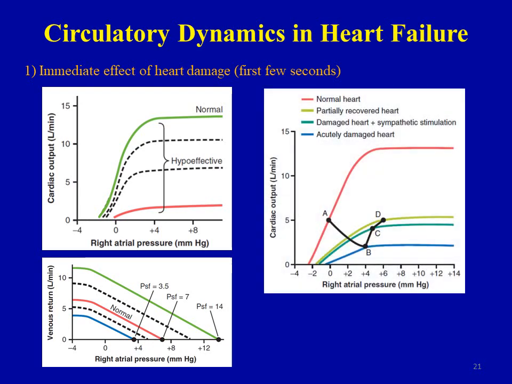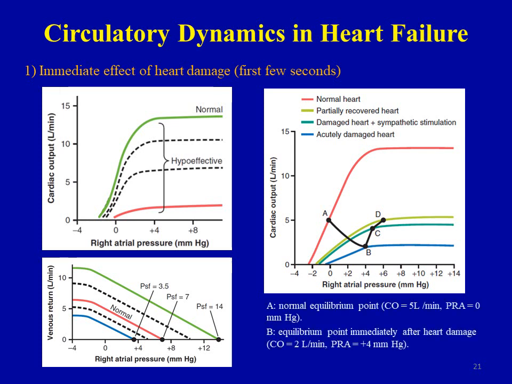So if we take the two curves together, the cardiac output curve with the venous return curve, we'll have the new equilibrium point, or the point of intersection, which is B, where we have a cardiac output of 2 liters per minute, and the pressure in the right atrium, as I previously mentioned, is 4 millimeters mercury.